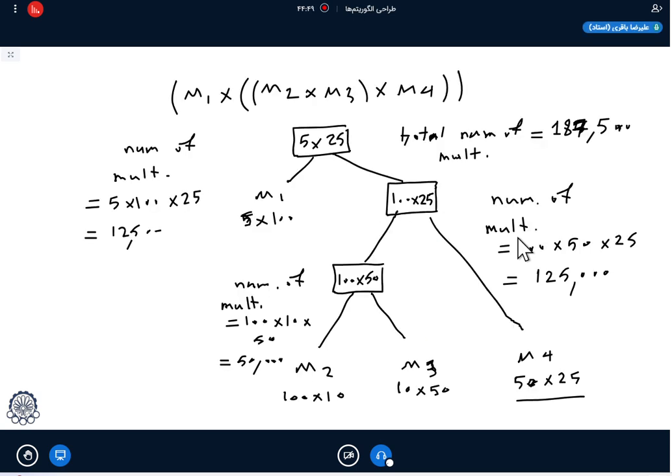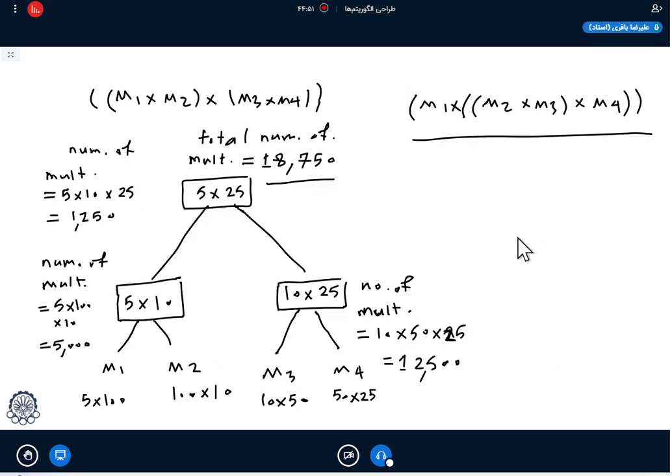Okay, let me explain again. When we are going to multiply some matrices, we have various options for doing parentheses. For example, for these four matrices M1, M2, M3, and M4, various parentheses are possible.